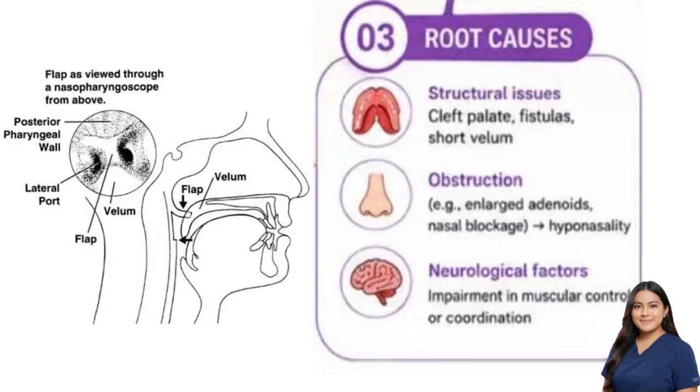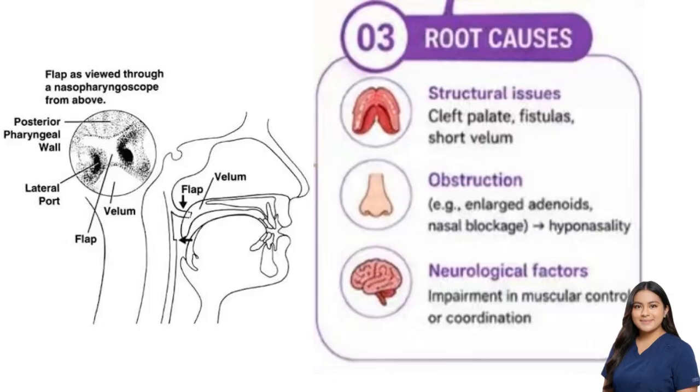Section 3. Root causes. What causes these disorders? The mind map identifies 3 main categories. The first is structural issues, such as a cleft palate, oral fistulas, or a short velum that physically prevent proper velopharyngeal closure.